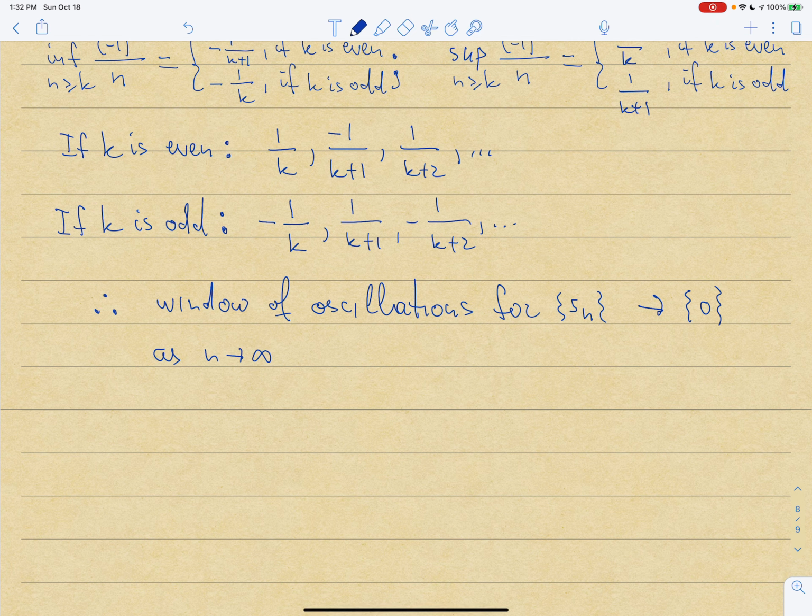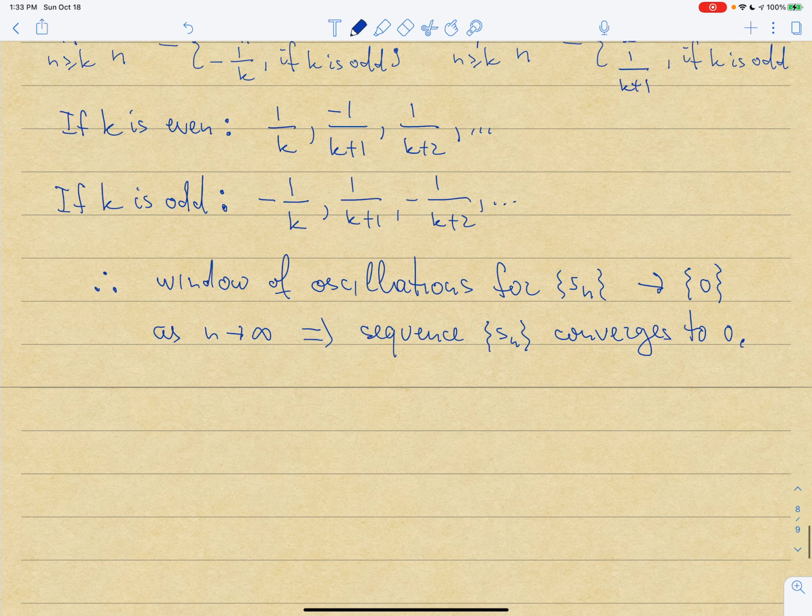And so from that, of course, I can deduce that the sequence Sn converges. Not just converges, but converges to 0, because it oscillates around 0 within the window which has a width 0, and so the sequence must converge to 0 in this case.